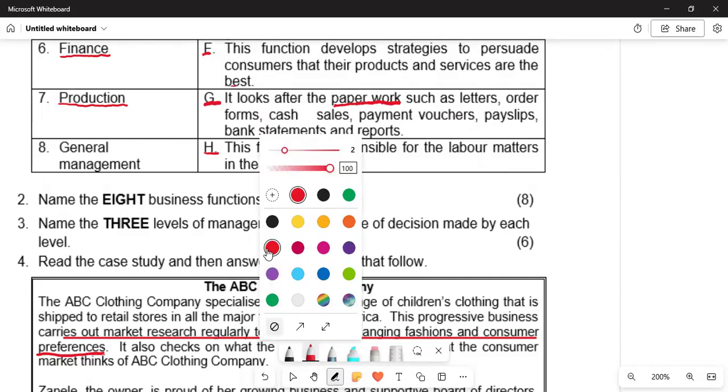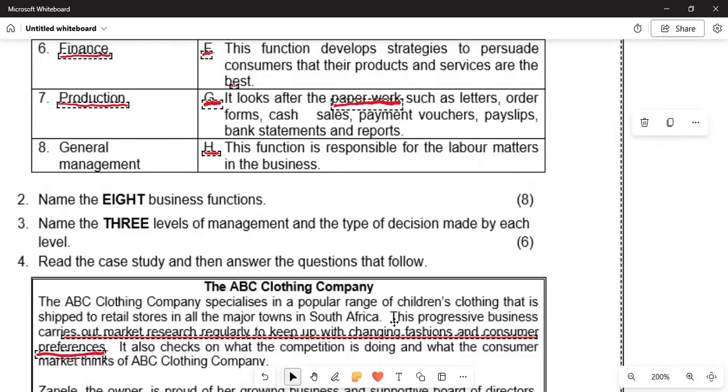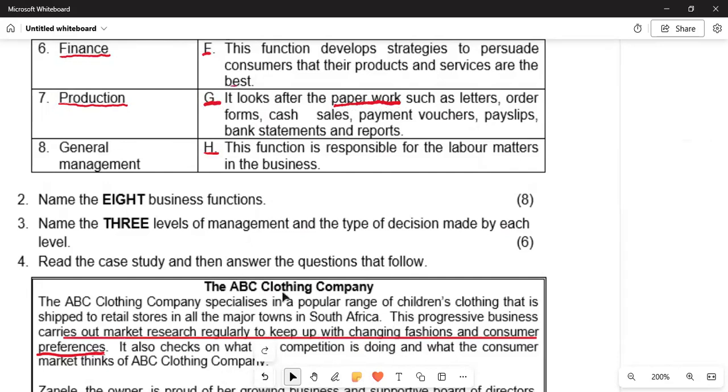We can talk about middle management. We can as well talk about lower management. Those are the 3 levels of management that we are asked to name.